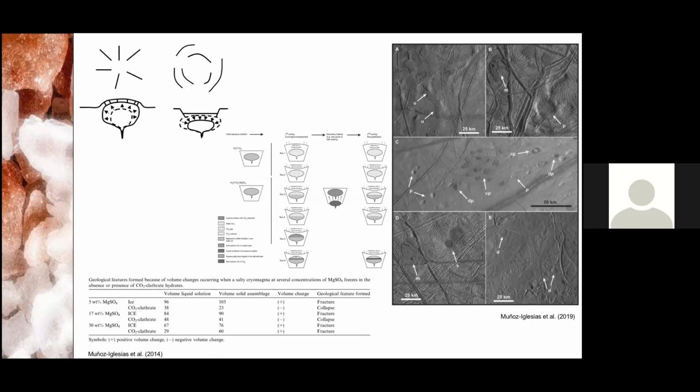So there is a geological consequence on the surface of having different fractions of clathrates or salt hydrates. Due to the total volume change associated with the final mineral assemblage, there will be collapses like this, or positive topography, explaining the different expression that the lenticulae features show in the Galileo images that I mentioned in some slides before.